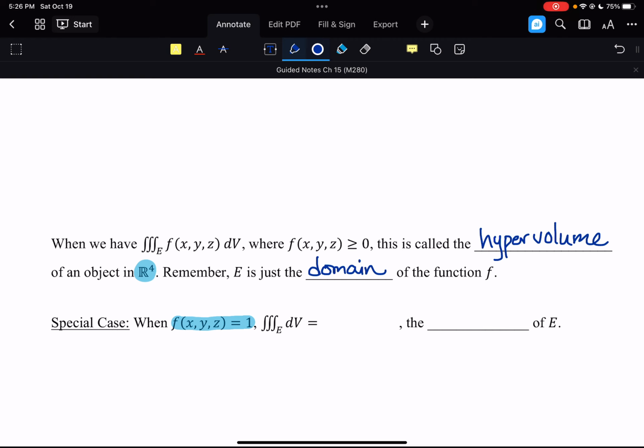The region D. So we said we can use double integrals to actually answer single integral style questions. It's the same concept here. The triple integral over E of 1 dV is just V of E. So this is the volume of E.